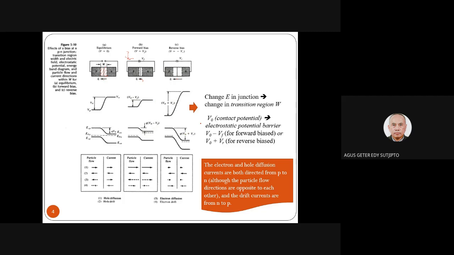So applying forward and reverse bias changes the electric field in the junction and the voltage difference: forward reduces it, and reverse increases it.